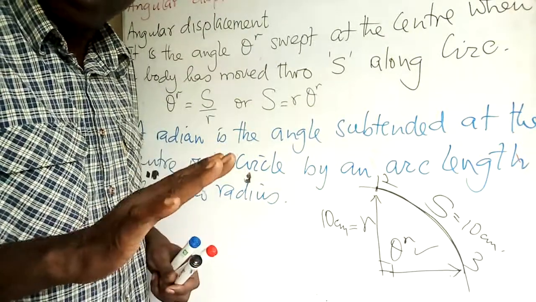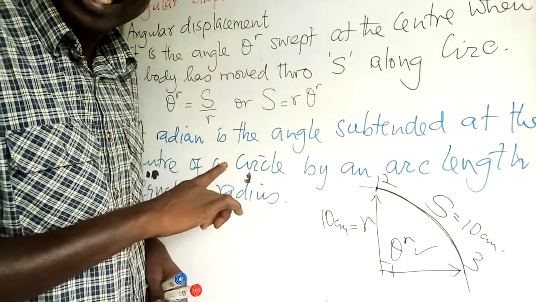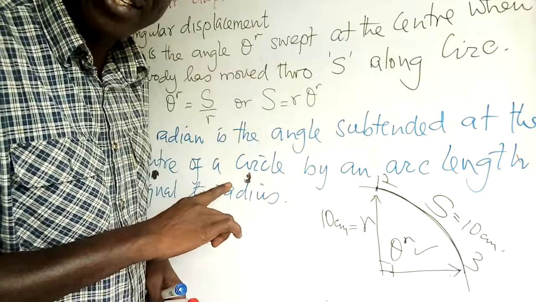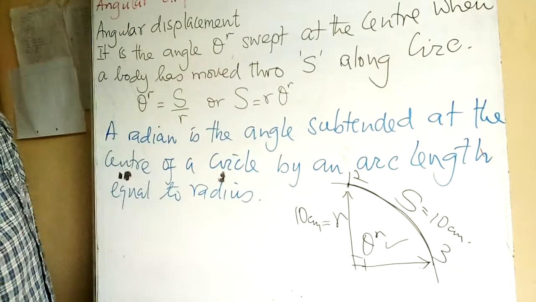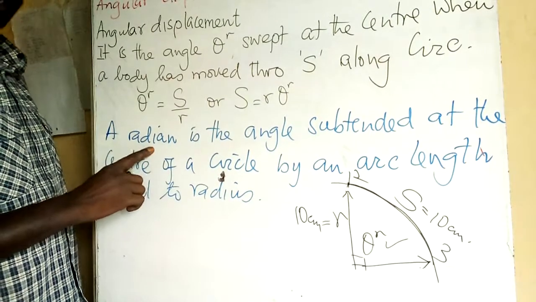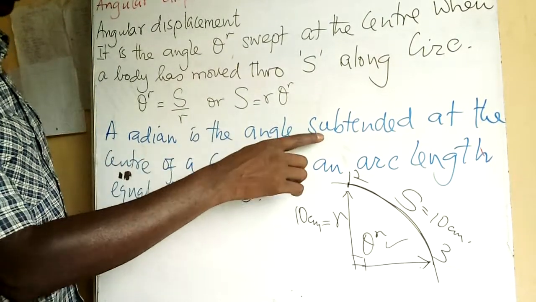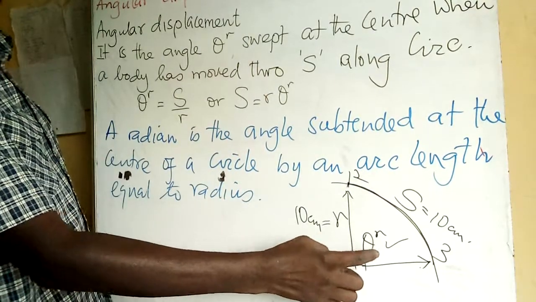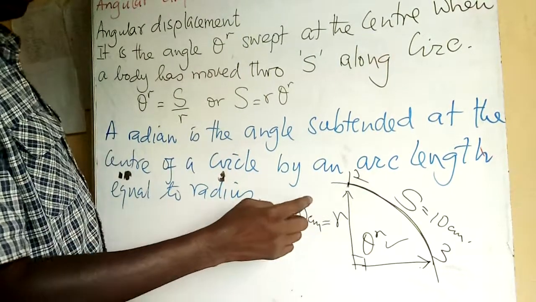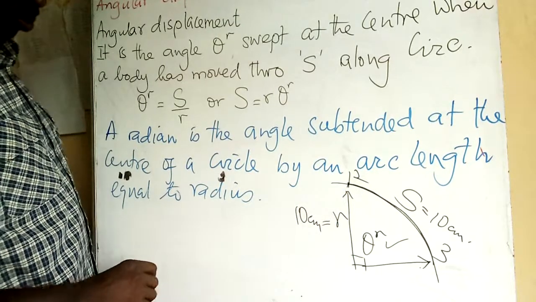That is what the definition of a radian is. A radian is the angle subtended at the center. So this is a radian. That is 1 radian, if this and that are equal.